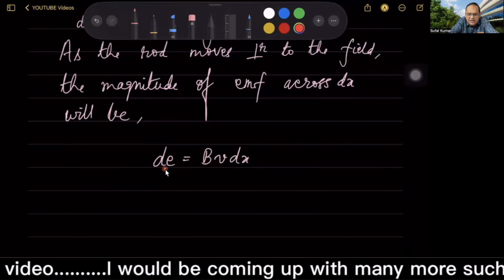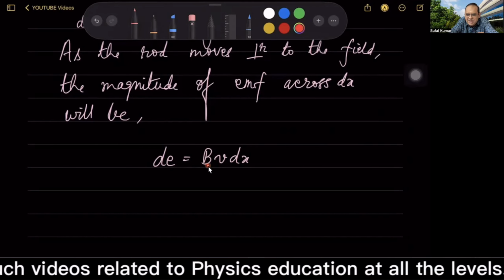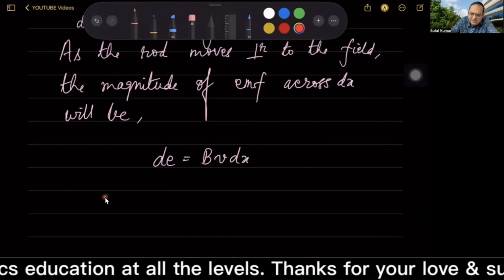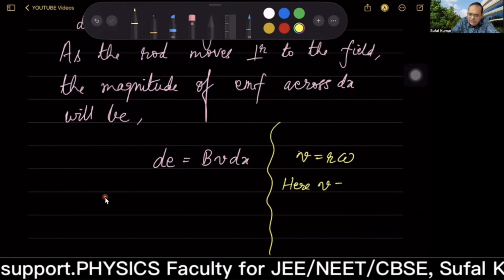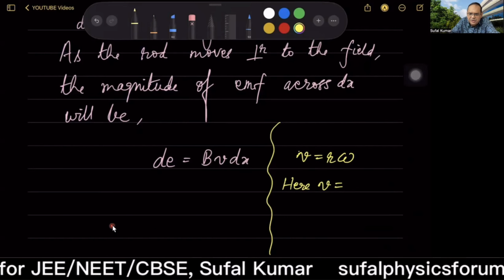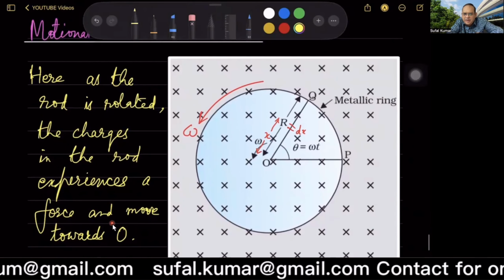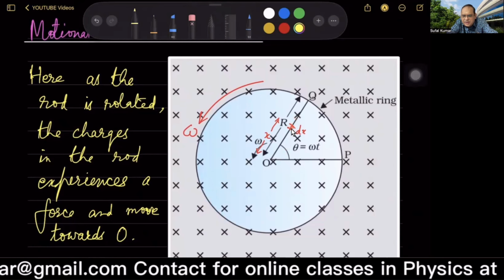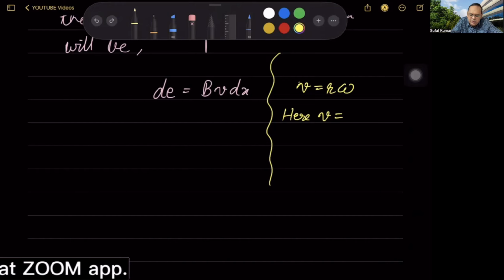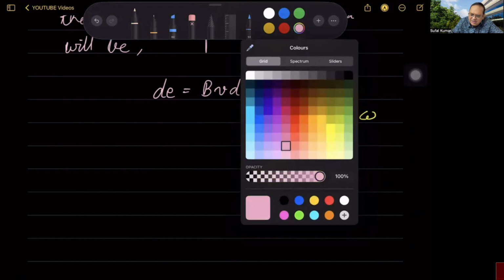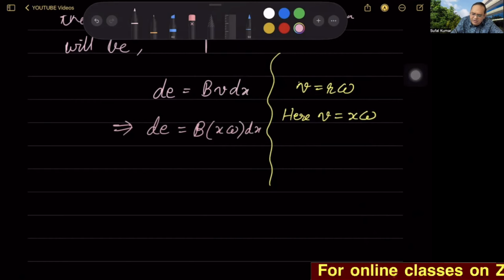Whatever I explained, this is dE is equal to B V dx on the line of B V L. Since V is equal to r omega, here for a small element dx, x is the radius. So V is equal to x omega. It implies that dE is B x omega dx.